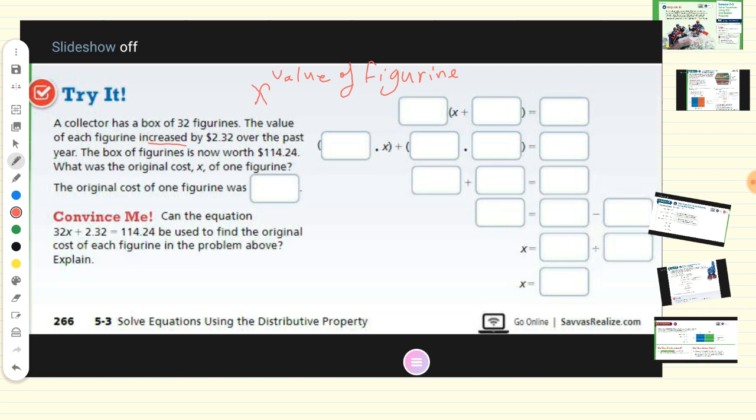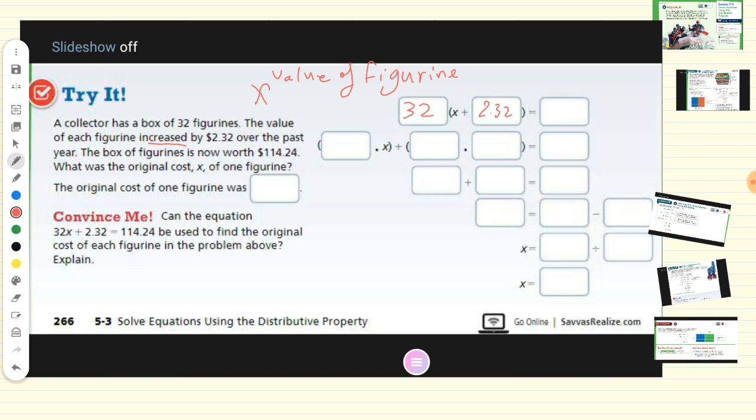The box, so the whole box has how many figurines? 32. And each figurine increased by 2.32. So now the value of one figurine is x plus 2.32. And how many are there? 32. So 32 multiply x plus 2.32.